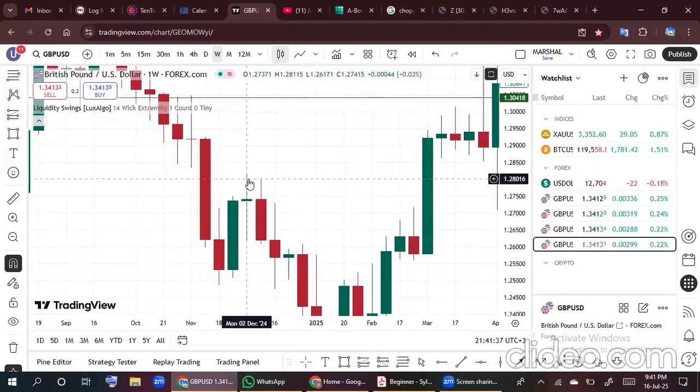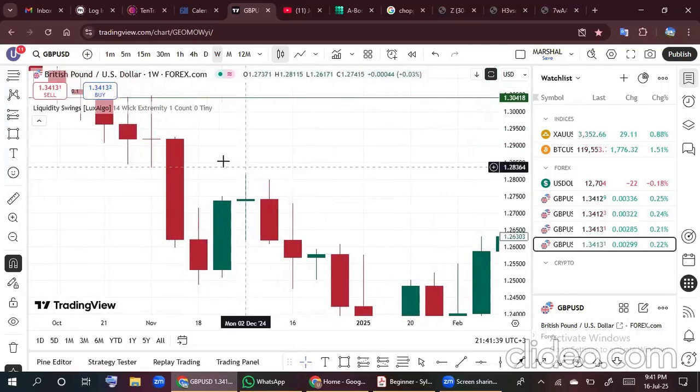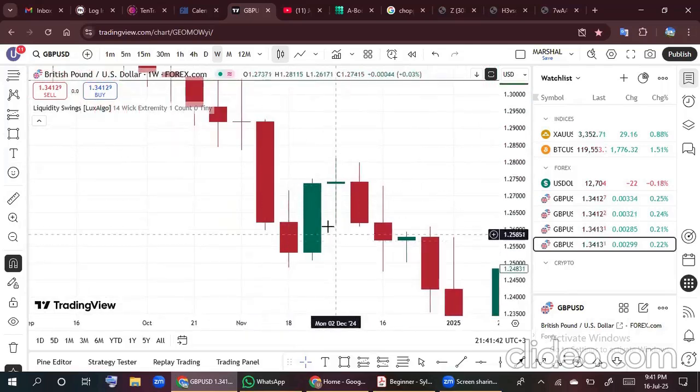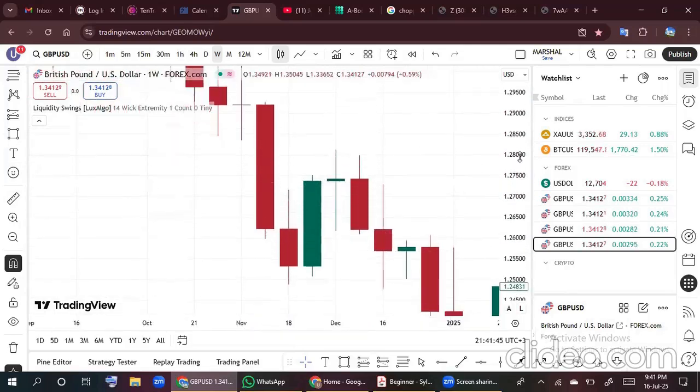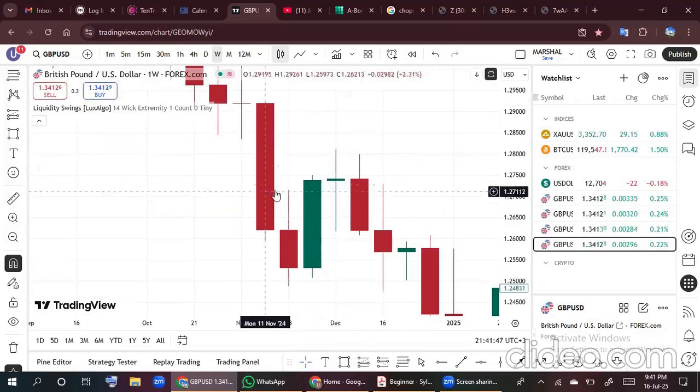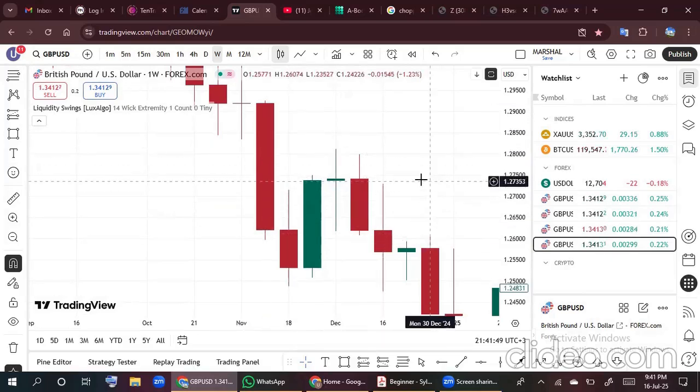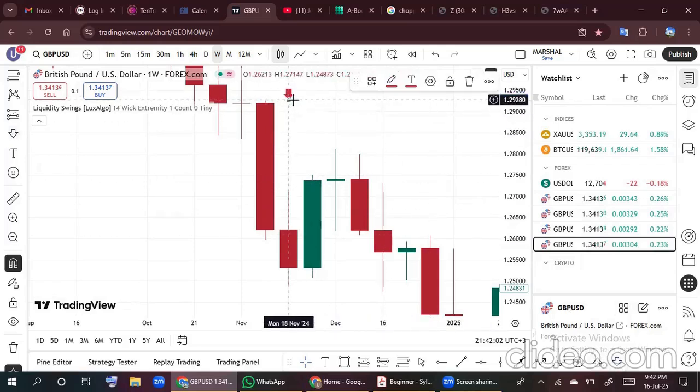So normally, this is a candlestick. This is a bearish candlestick. There are three or four things you might need to know. The first thing you might need to know with the candlestick is the price.